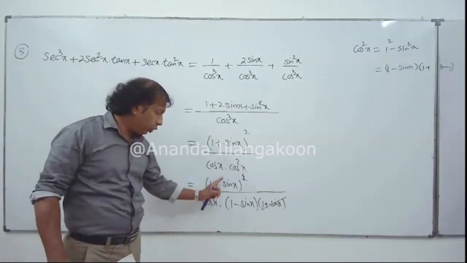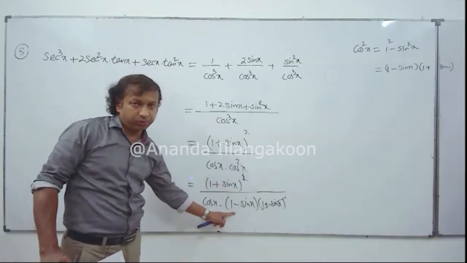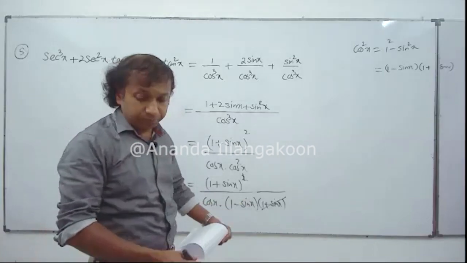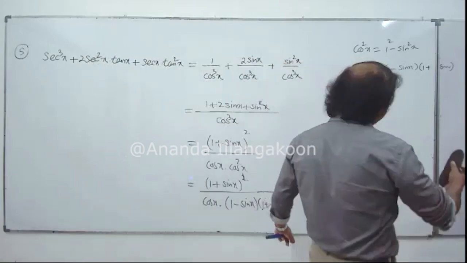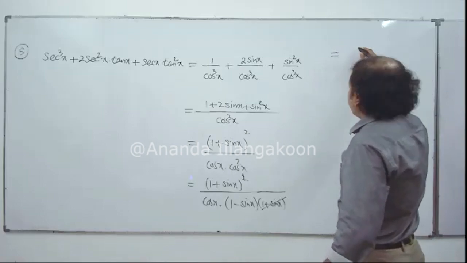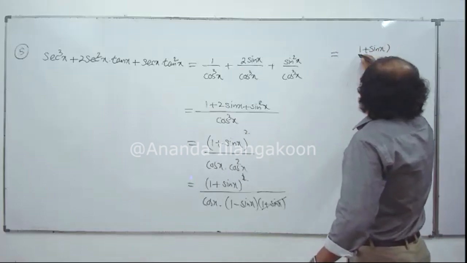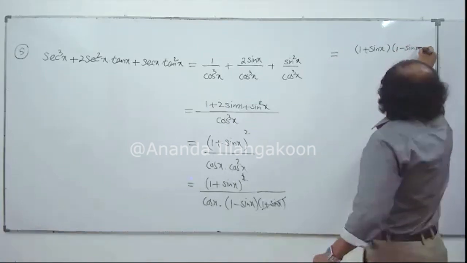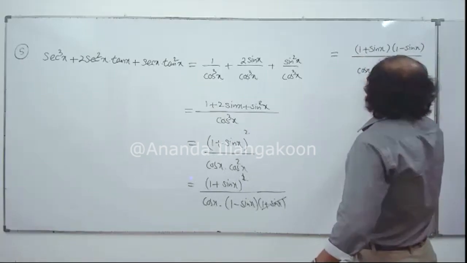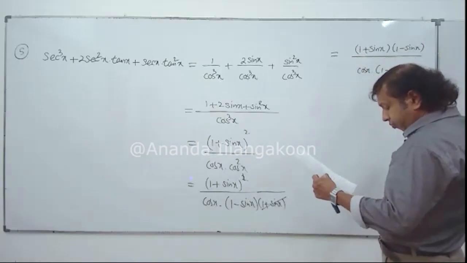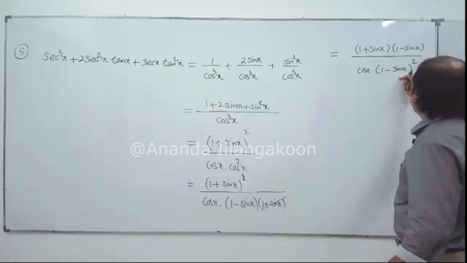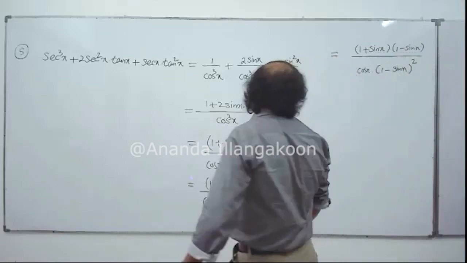Now what I do is multiply both the numerator and denominator by 1 minus sin x again. See what happens. We multiply numerator and denominator by 1 minus sin x. Divided by cos x times 1 minus sin x, again multiplied by another 1 minus sin x, then (1 minus sin x) perfect square comes. Correct?